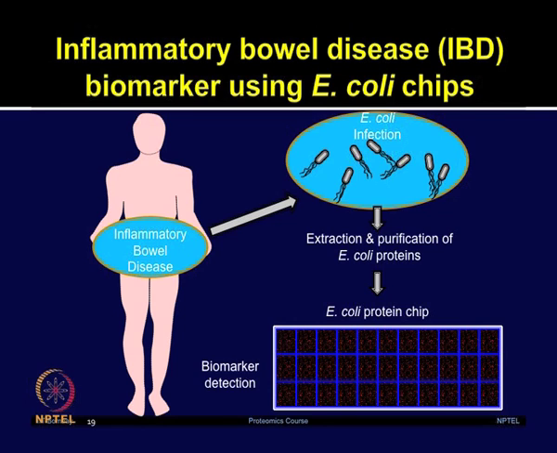So, in this study, first of all, the authors used an E. coli proteome chip. They used more than 4,200 proteins obtained from E. coli, and then they collected serum from the healthy controls and clinically well characterized patients with inflammatory bowel disease. 66 samples from Crohn's disease and 29 from ulcerative colitis were collected and compared with 39 healthy controls.